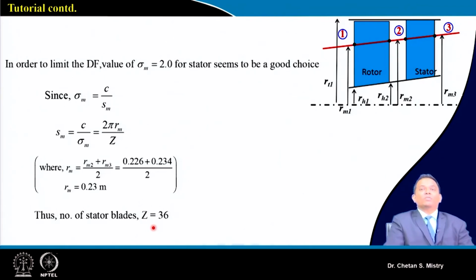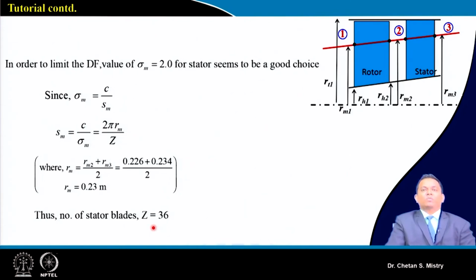But when we assume a lower number of blades, it may not give the performance we are expecting, because my flow passage is a diffusing passage, and with fewer blades the diffusion action will be lower. There are many chances of flow separation happening towards the trailing edge. Those things will come when we do the detailed design.